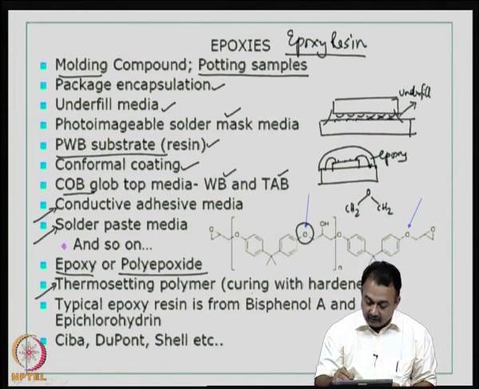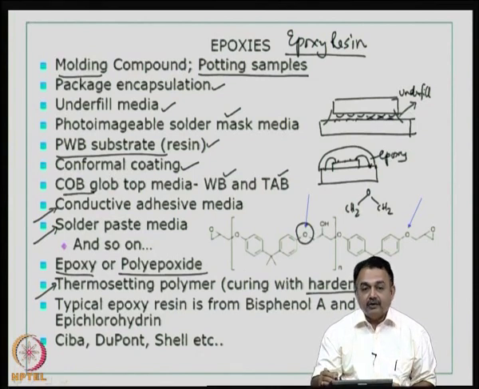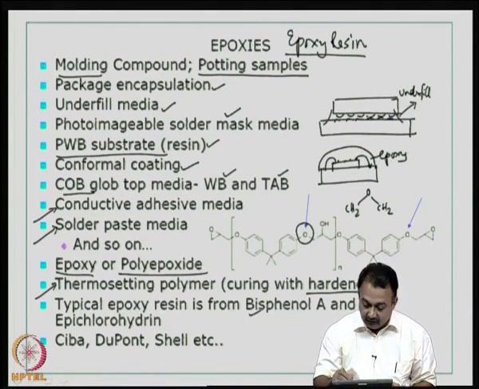And this curing is normally done with the use of some kind of a hardener which will change the properties of the material. And for the substrate that I have showed recently, the epoxy resin is basically from a combination of bisphenol A and epichlorohydrin, which in the next slide I will show what is the actual reaction taking place.